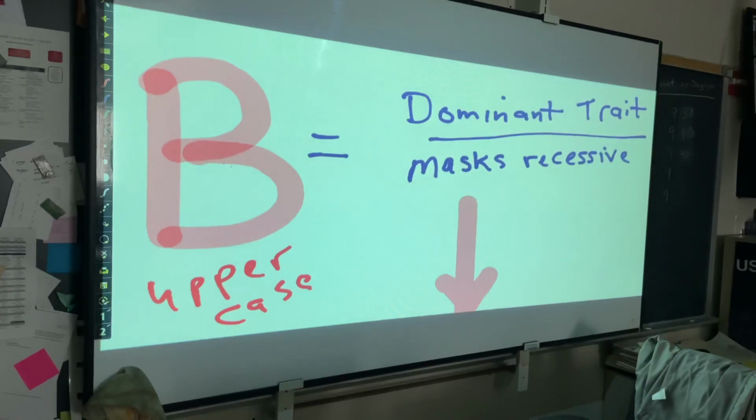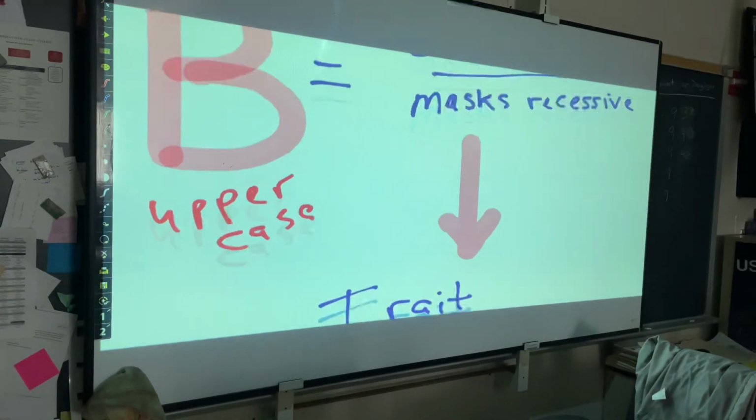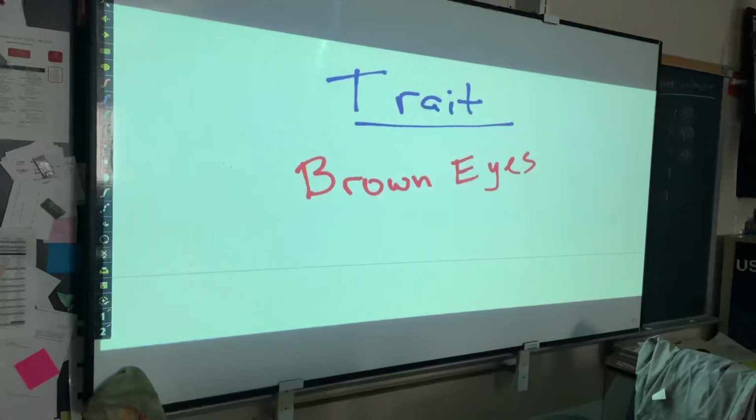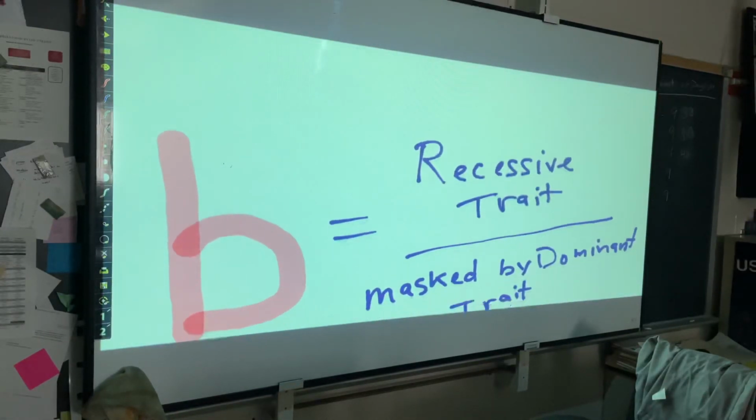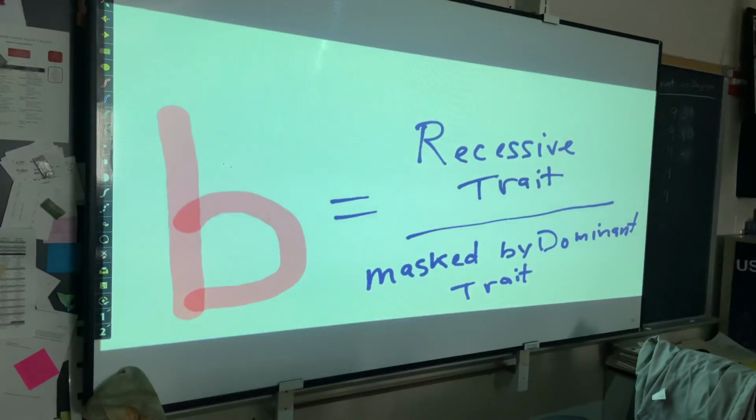So you can't see this one, but you can see this one. It's expressed. Okay, and so let's say the trait for capital B is brown eyes. For dominant B, brown eyes. Now the reason I mentioned that, they use that one because the number one eye color in the world is brown. I think like 3/4 of the population has brown eyes. If you have blue eyes, you're like one of the rare ones.